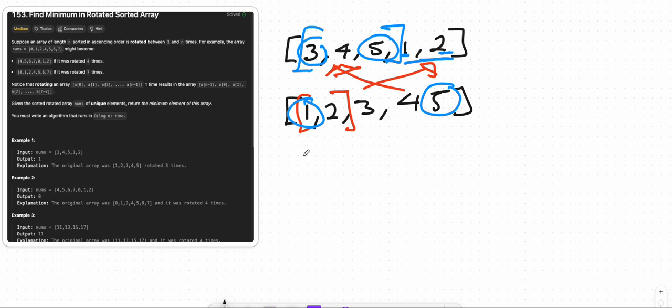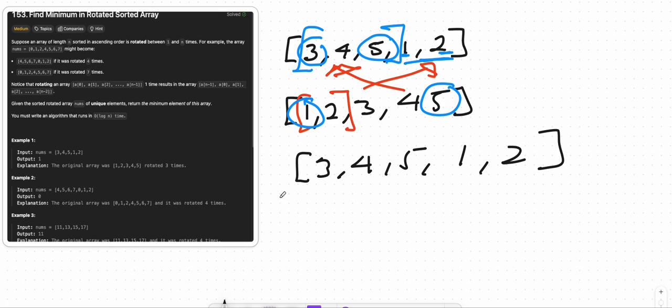In the rotated one, we have 3 4 5 1 and 2. There is also another thing you can notice about it. There is a breaking point.